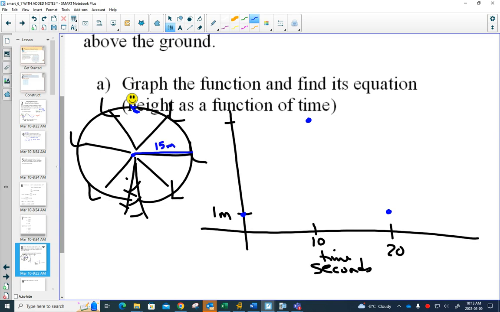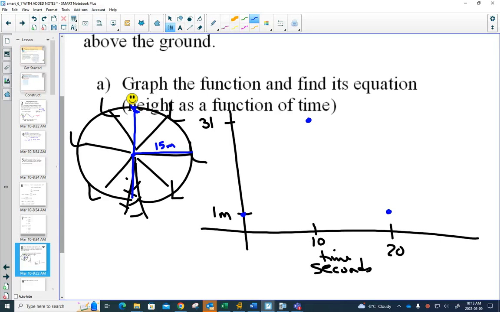We know that that's 15 meters. So how does that help me figure out that this needs to be 31? Does it make sense to you that if this is 15 meters, then that would be 15 there plus another 15? Our diameter would be 30. And if we started 1 meter above the ground, then our maximum would be 30 above that at 31.